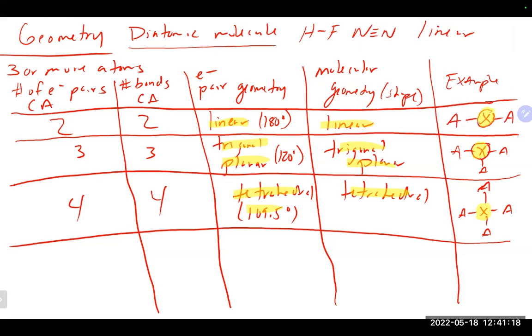By the way, when we do this type of geometry, a couple of important considerations. If you have a double bond or a triple bond, it counts as 1 electron pair and 1 bond. So double bonds and triple bonds, when you're doing geometry, count as 1 electron pair and 1 bond.